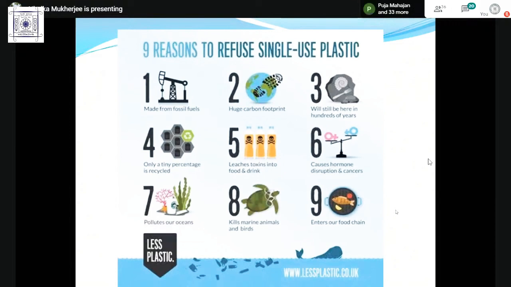These are the reasons why we should refuse single-use plastics. It enters our food chain and kills marine animals, it pollutes our oceans, and it leaches toxins into food and drinks.